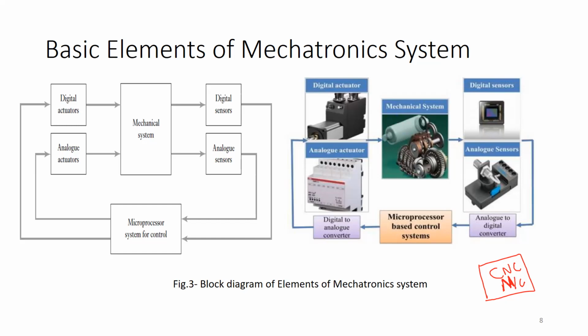Accordingly, they will give you some signal when the movement of the spindle or the movement of the bed in the CNC machine is measured through these sensors. I won't be going into details of the types of sensors because that has been covered in the mechatronics part, I hope.